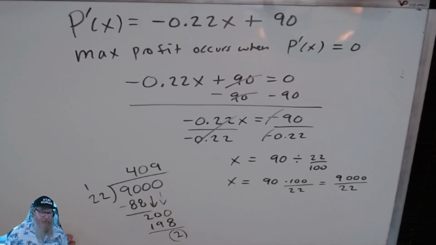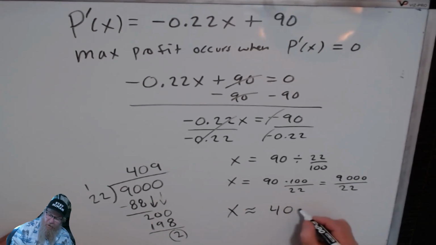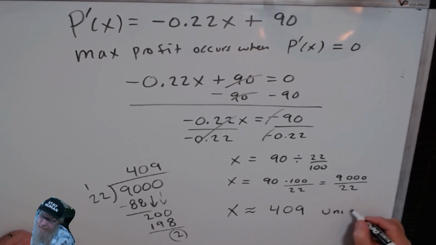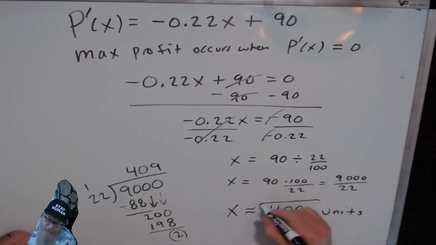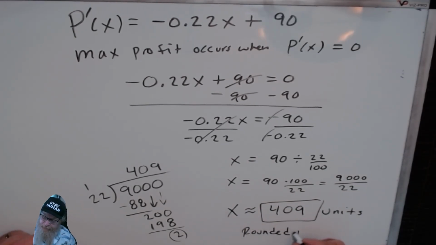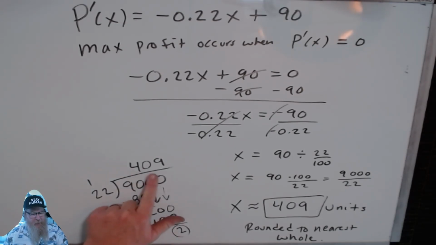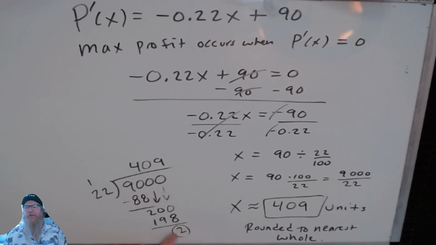Remainder 2. So we're going to say approximately 409 units. This is rounded to the nearest whole number, 409 units. I thought about rounding to 410, but the remainder is too small.